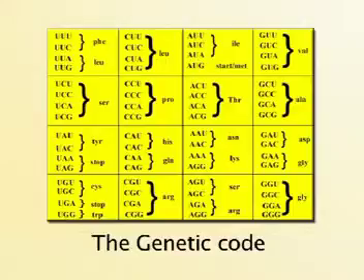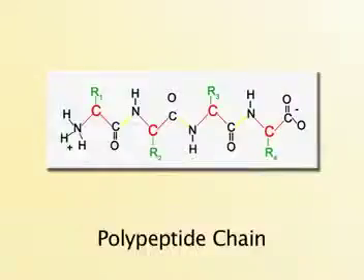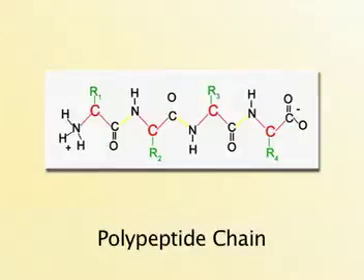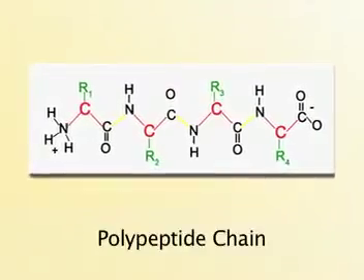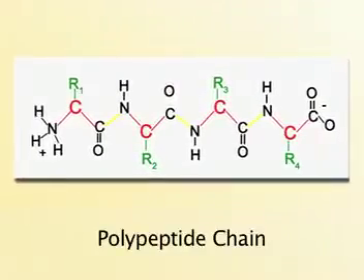The start codon is also known as initiation codon and stop codon as chain termination codon. The message of mRNA is read in 5' to 3' direction. The polypeptide chain is synthesized from amino end to carboxyl end.